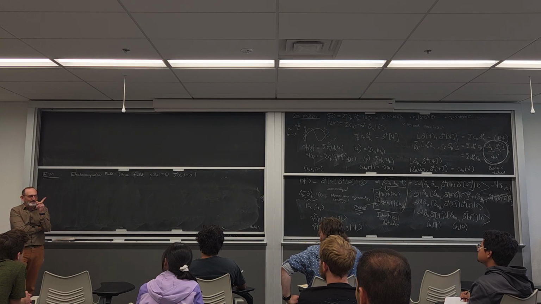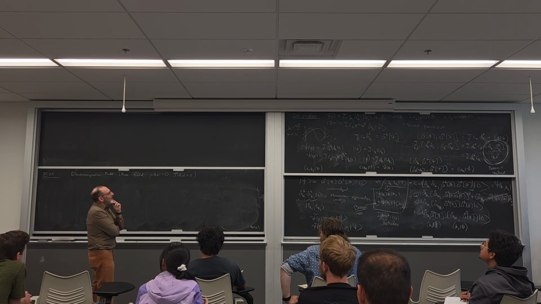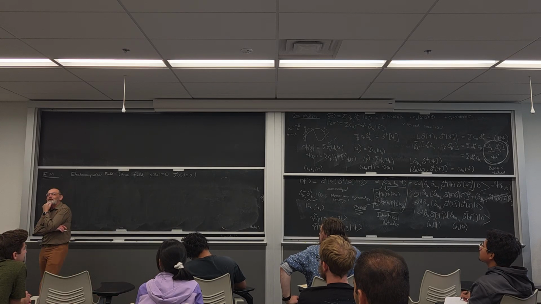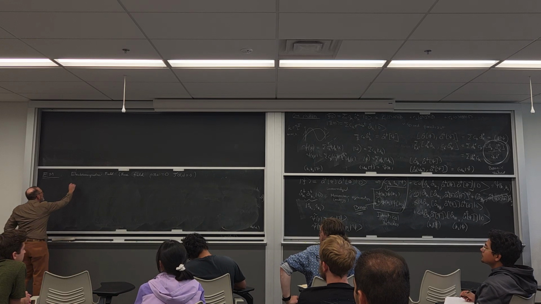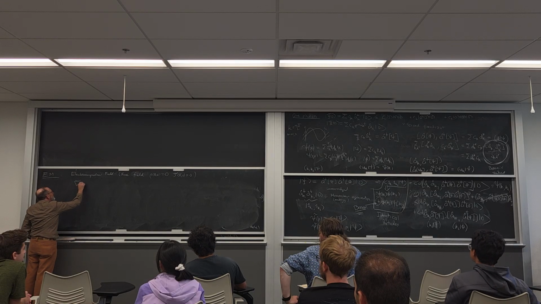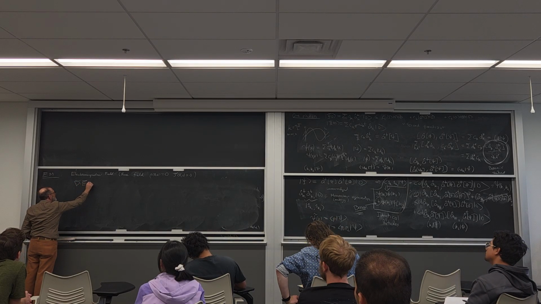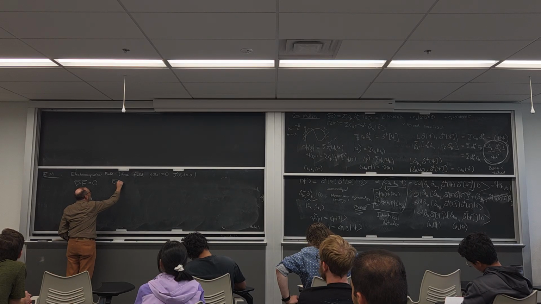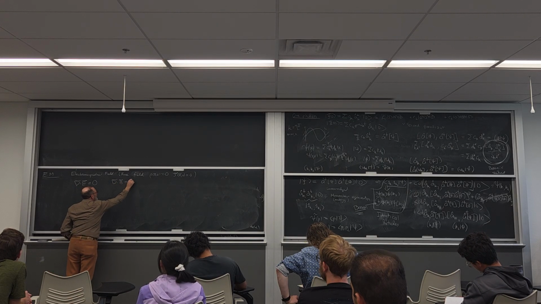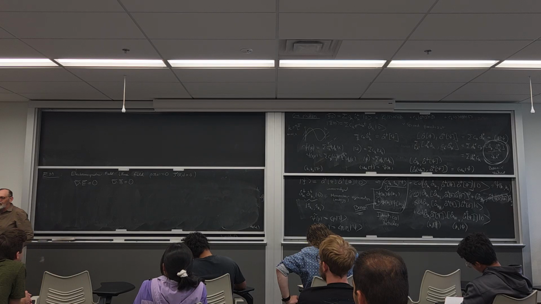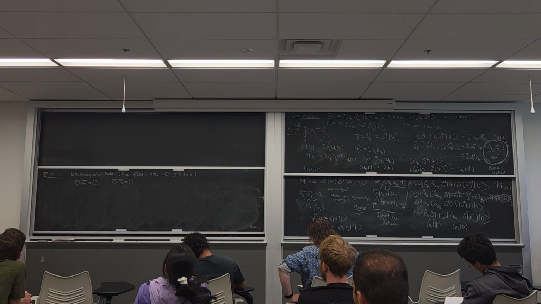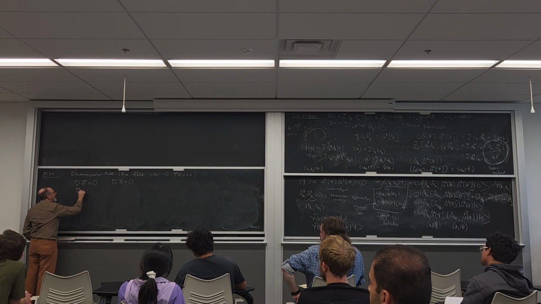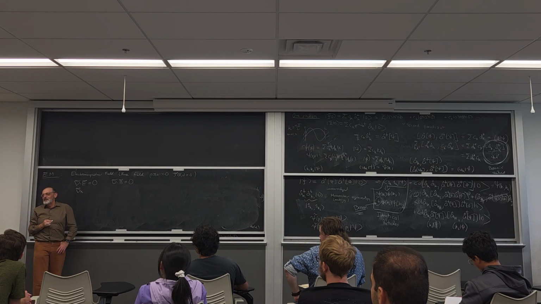Those of you who took 511 with me last semester, what are my equations? Del dot E is equal to 0. Del dot B is always 0 because we don't have magnetic monopoles that we know of. You have to stay optimistic.